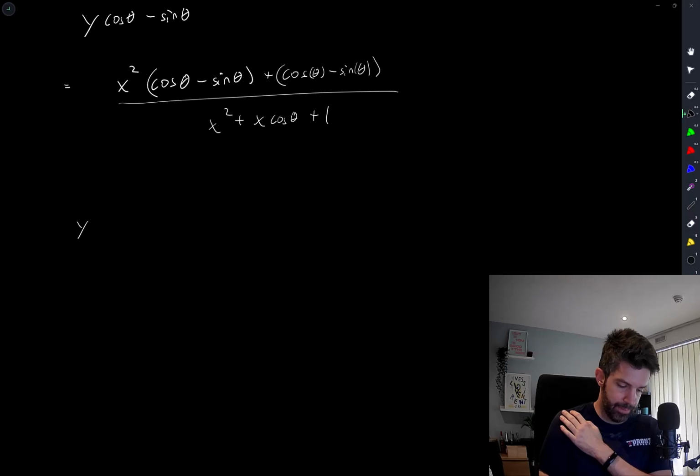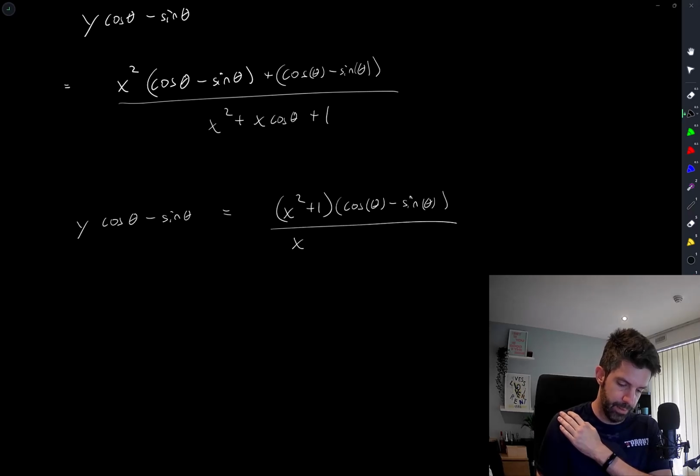So y cosine theta minus sine theta is equal to (x squared plus 1) times (cosine theta minus sine theta) divided by (x squared plus x cosine theta plus 1).